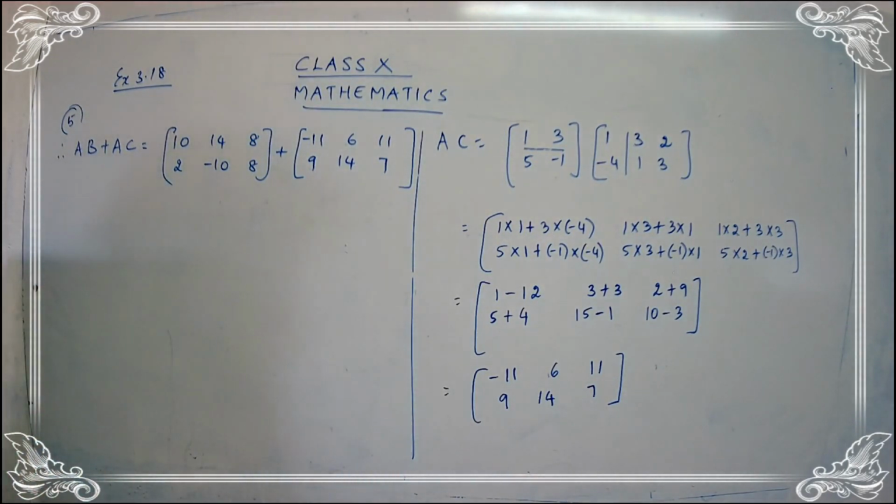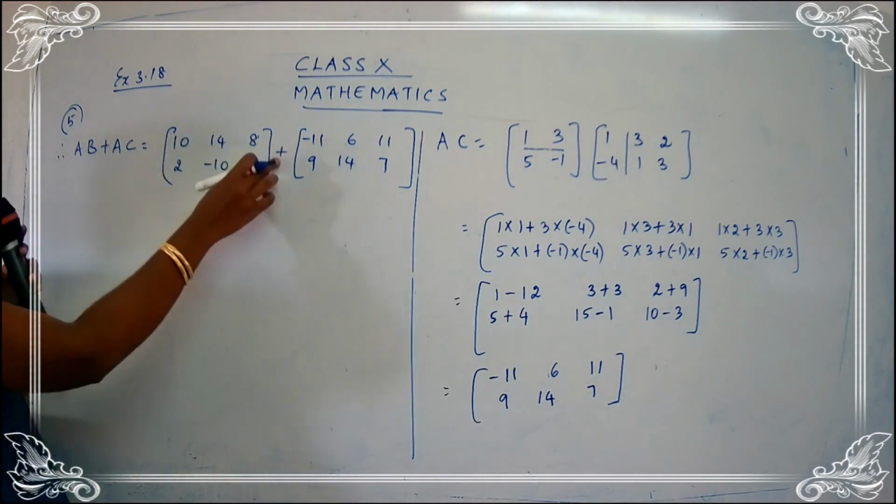Yeah, so we are going to add this to 10, 14, 8, 2 minus 10, 8, 9, 14, 7. Okay, let us go for the addition. You know how to proceed for the addition. Just take the corresponding elements and go with the calculation children.